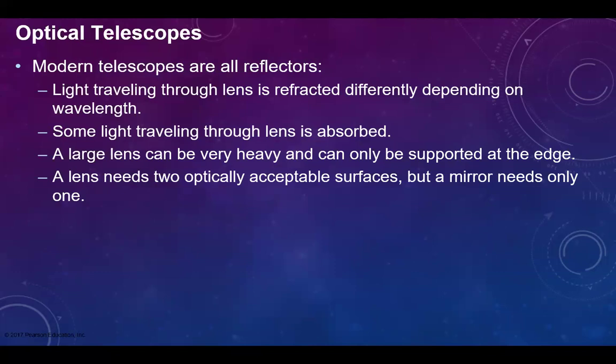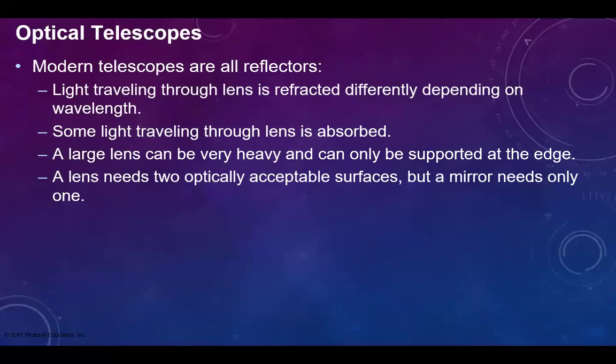So modern telescopes are all reflectors. One of the big issues is something called chromatic aberration. The light traveling through a lens gets refracted differently depending on its wavelength. And basically this causes rainbows around any point source. This is a real problem in camera lenses that they spend a lot of effort fixing.